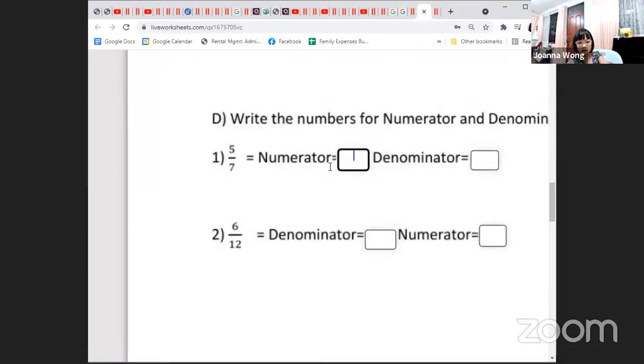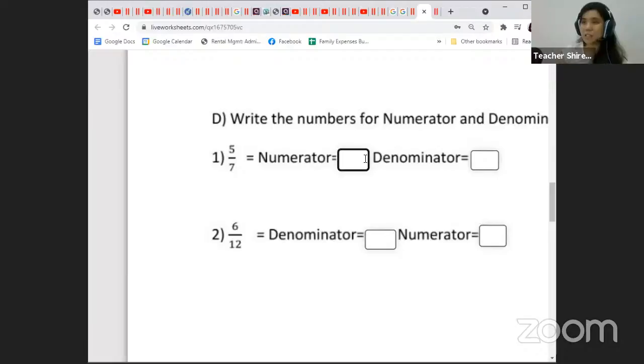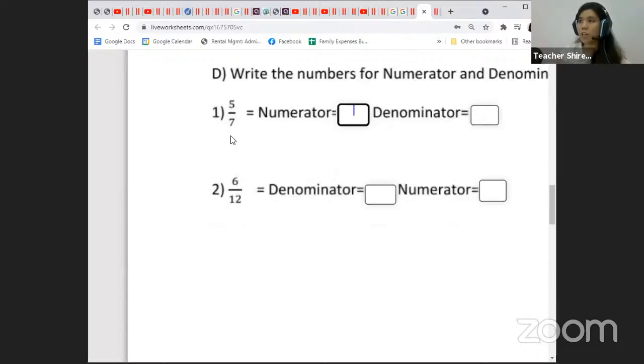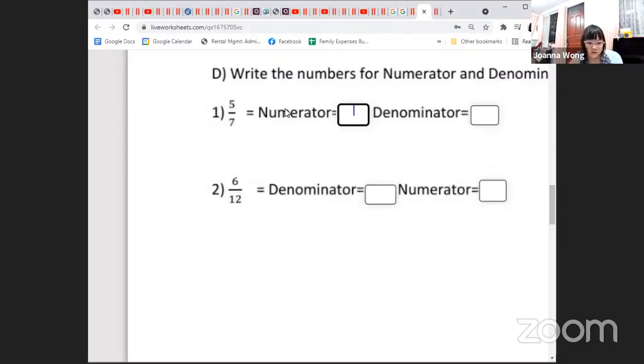Numerator, remember, is a number on top. Denominator is from the word down. Okay, 7.